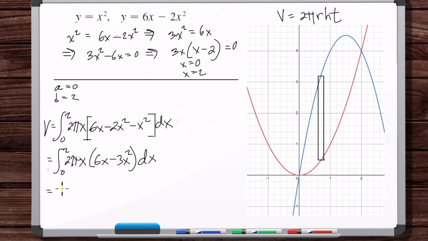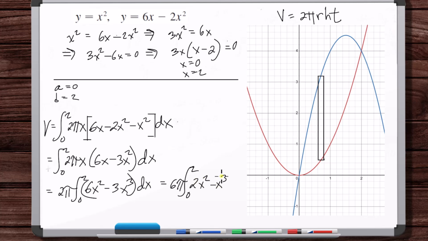Okay, we can take out a 2 pi, and we've got 6x squared minus 3x cubed dx. Okay, we can factor out a 3, and we get, so 3 times 2 is 6, so 6 pi times 2x squared minus x cubed dx.